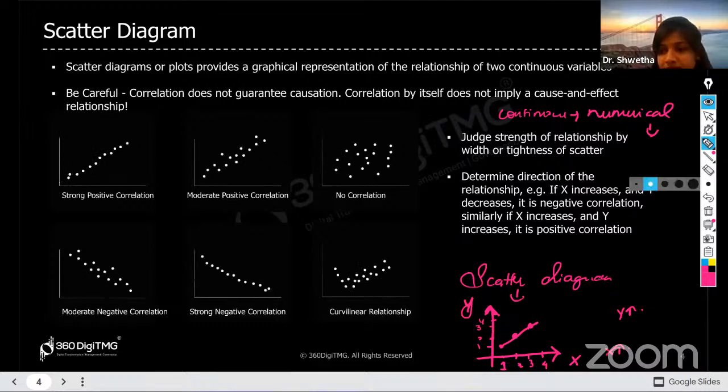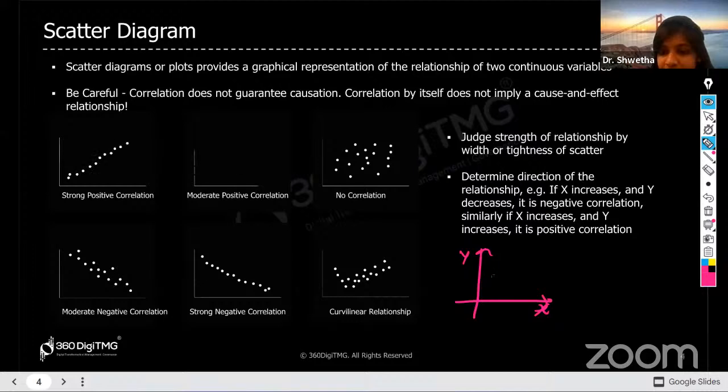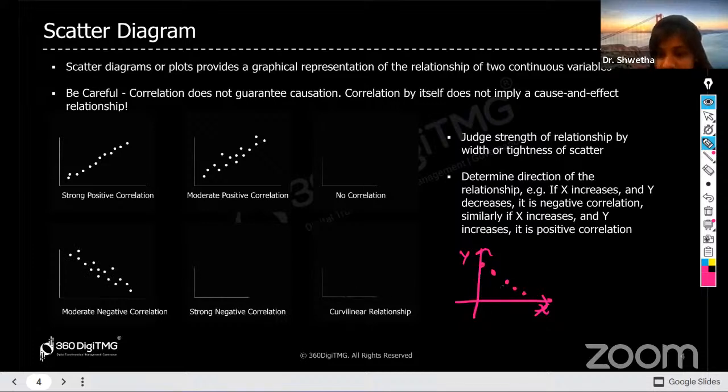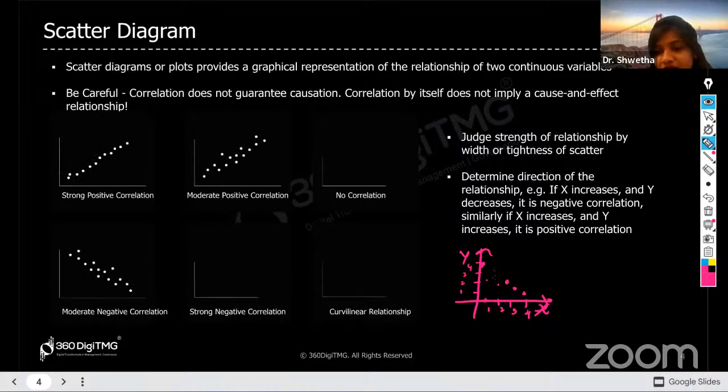Now, there can be other relationships between x and y also. See, here there's one data point, another data point, another data point, and another data point. So, in this, you can see the change in x. At this data point, the value is 1, 4.